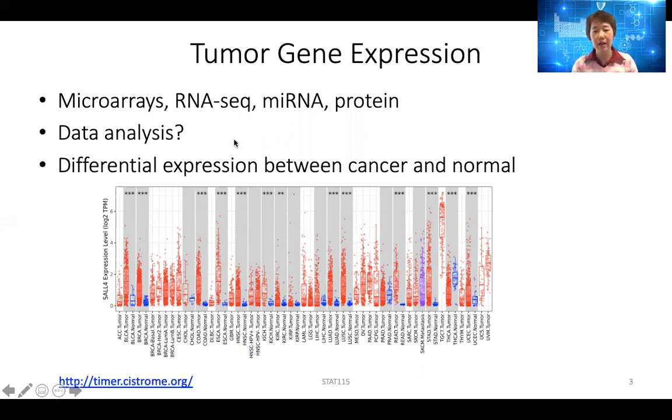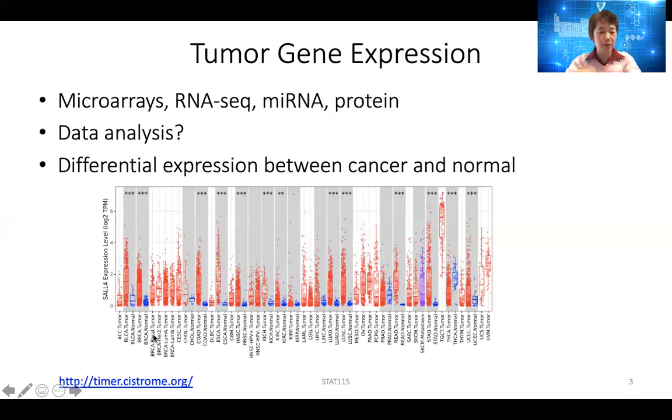In terms of data analysis, you can imagine you can look at the differential expression. This is just one example. Each column is one cancer type. The red is the tumor, the blue is the normal, and each dot is one sample.